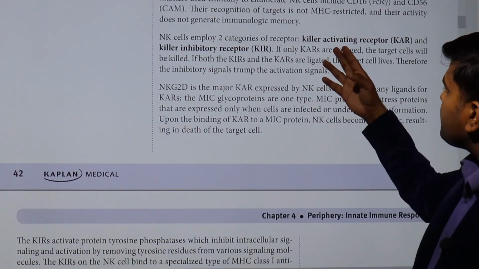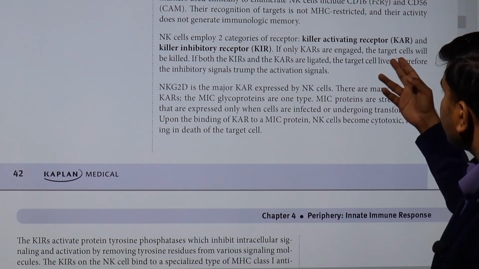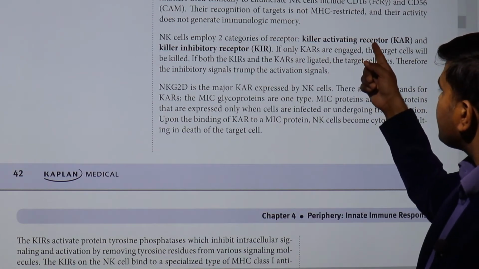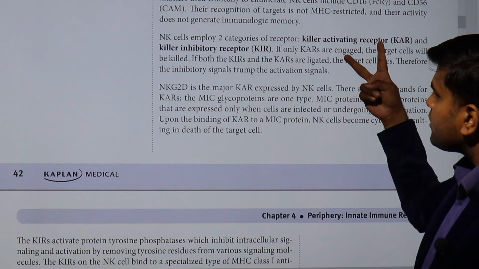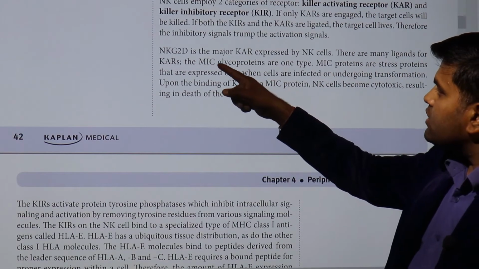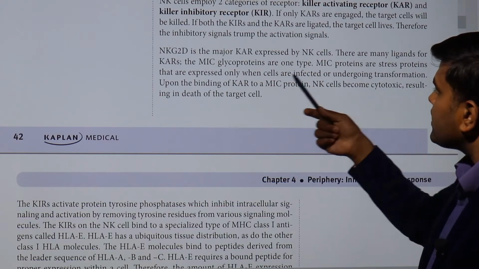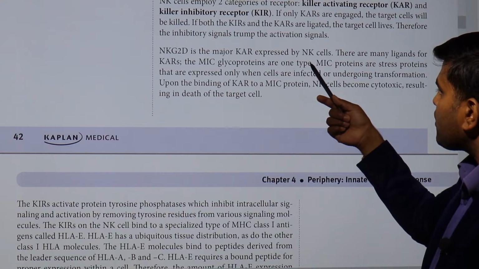So these are the two receptors, the killer activating receptor and the killer inhibitory receptor. If only the killer activating receptor is bound, the cell is killed. If both receptors are bound, the cell is not killed. NKG2D is the major killer activating receptor expressed by the NK cell. There are many ligands for it. The MIC glycoproteins are one type.